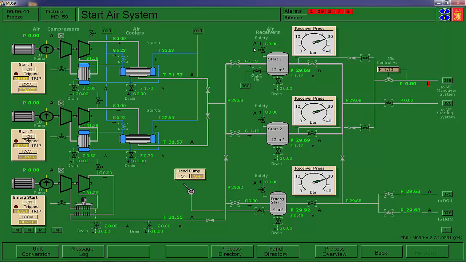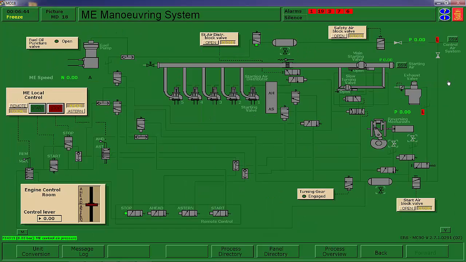So I would do this first thing so you don't forget it: go to whatever start air bottle is on the line and line up the control air for the main engine. Now, many ships leave this on all the time, but there are some that do shut it down. Let's get the simulator running.